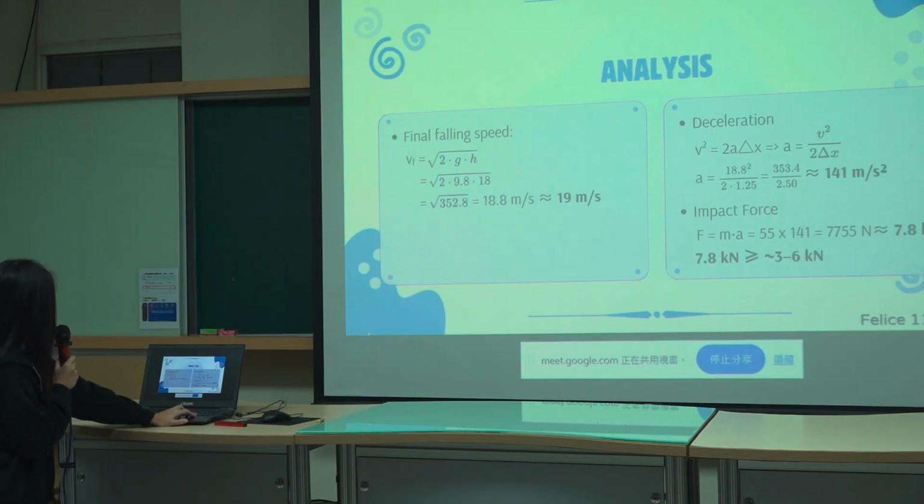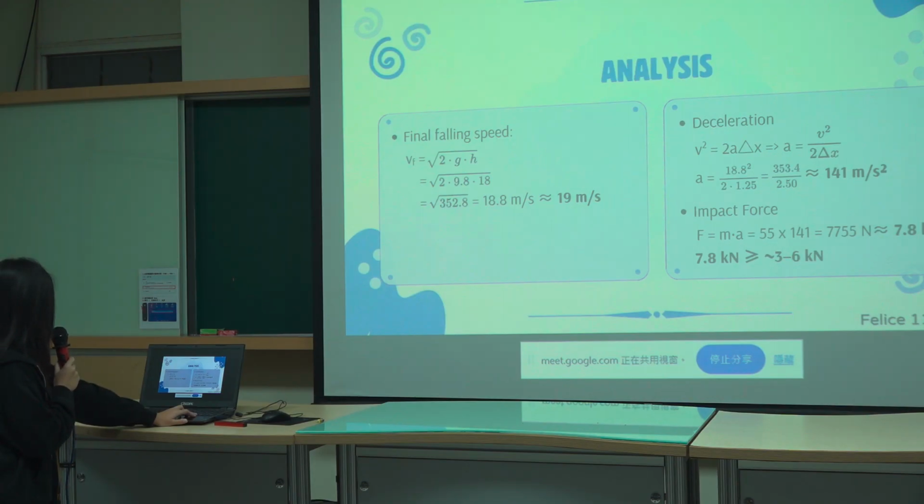To find the final falling speed and deceleration, we can use the formulas of kinematics. For final falling speed, we can use the formula v equals root of 2 times gravitational acceleration times height, and the result will be about 90 meters per second. For the acceleration, we can use the formula v squared equals 2 times acceleration times cushion thickness, and the result will be about 141 meters per second squared.